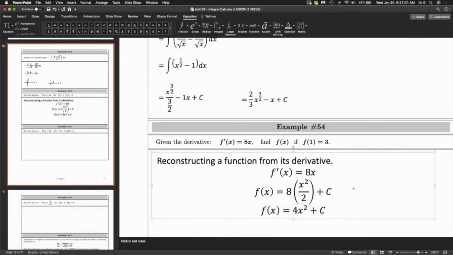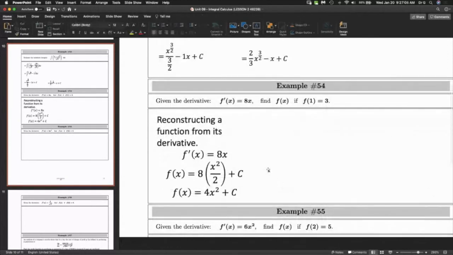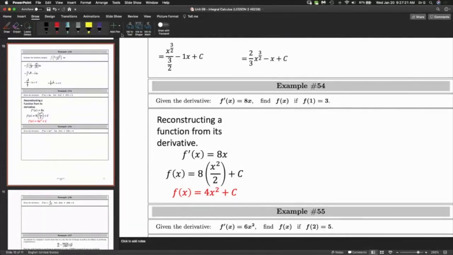So as far as you're concerned, do you kind of see how it's exactly what I've been doing with you the past hour and a half? Just finding the antiderivative. So the question though is, how is this question different than the previous ones? And the answer is right here.